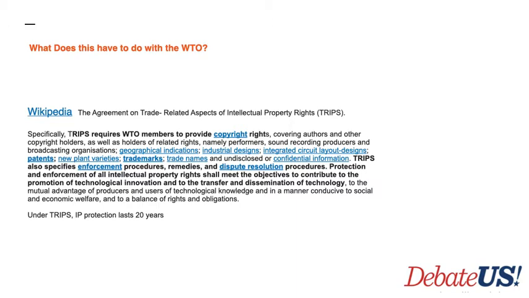What TRIPS does is it requires the WTO members, who I mentioned are most of the countries of the world, to provide copyrights, and other things, but I'll highlight trademarks, trade names, confidential information, that this is going to be protected in international trade. So not just domestically in country, but in international trade as well.